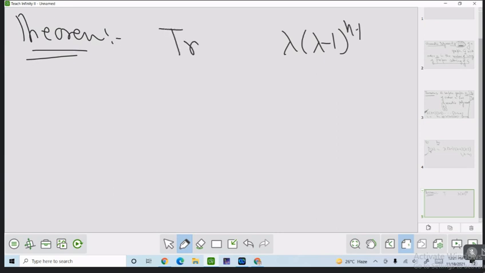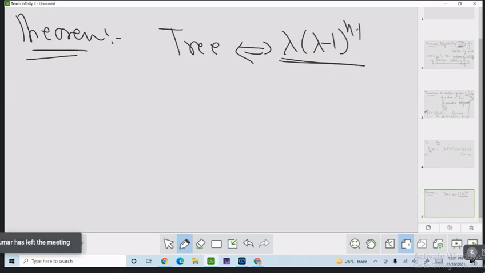If it is a tree, a graph is a tree if and only if it has the chromatic polynomial like λ(λ-1)^(n-1). A graph of order n will be a tree only if it has this chromatic polynomial.